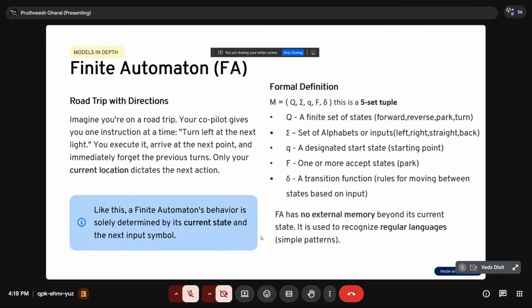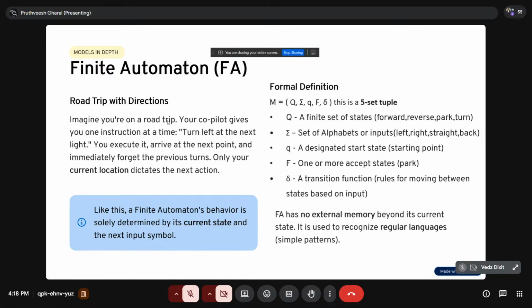Now the first machine here, the finite automaton or finite state machine. Let's first read an analogy. Imagine you're on a road trip. Let us imagine that we are all on a road trip and we are driving, and we have turned on Google Maps.